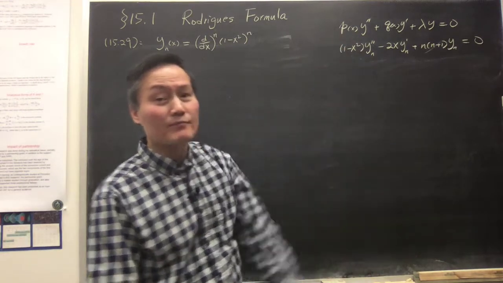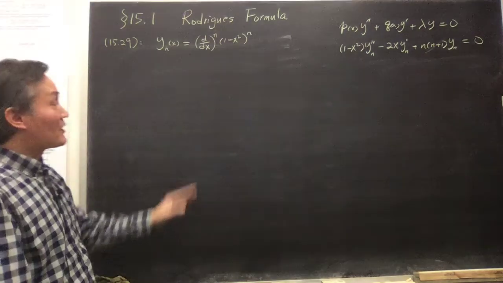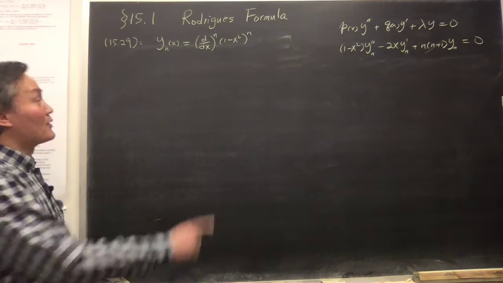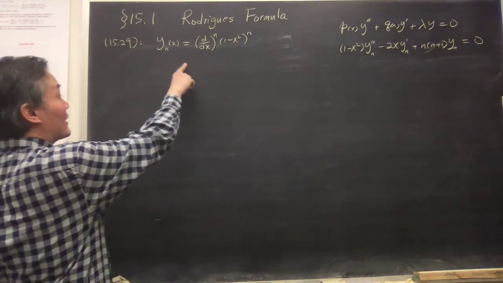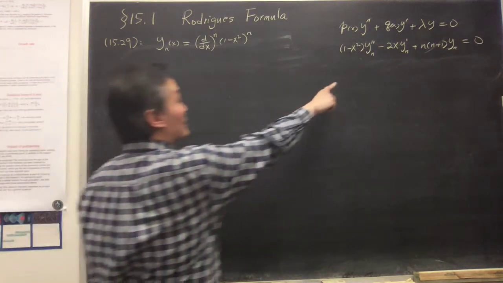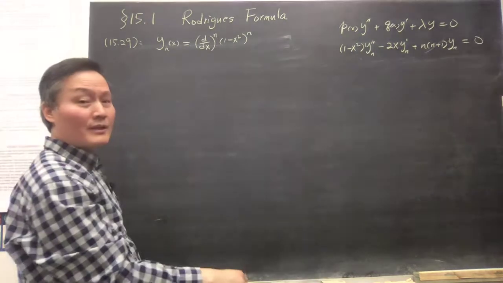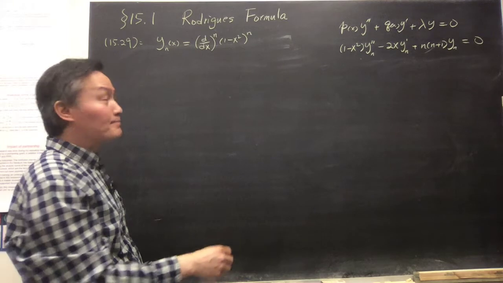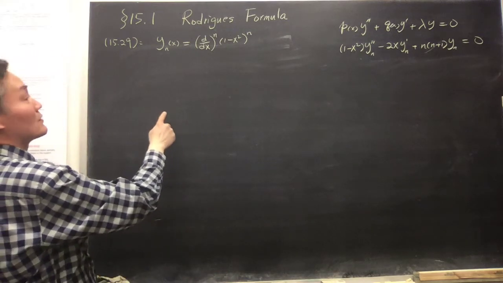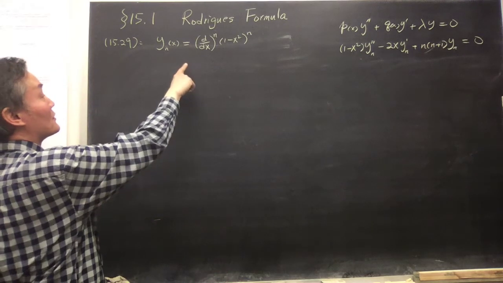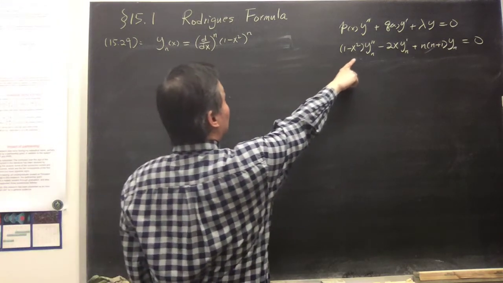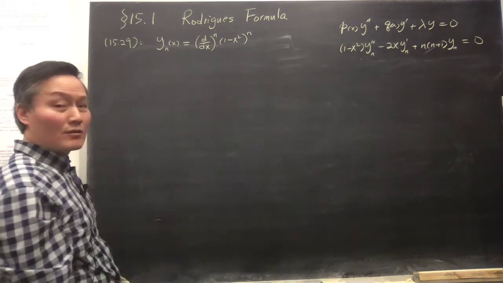For the special case of the Legendre polynomial, we can try to show explicitly that it satisfies this equation. So the idea is that we'll just directly substitute this into here and see what happens.